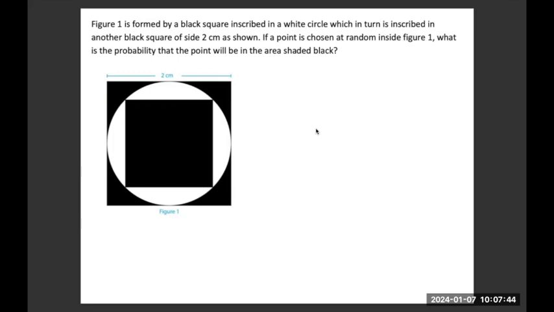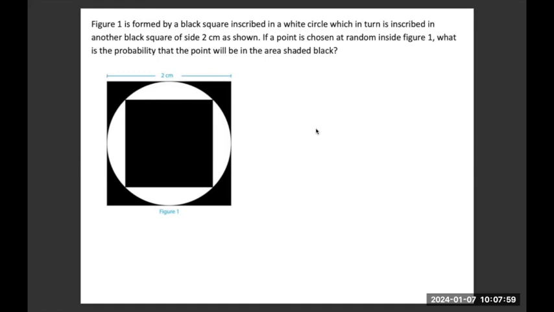So in order to find the proportion of the black shaded area, we'll have to find the total area of the square, which is 2 by 2. We have to find the area of the circle, and then also the area of the inner black square.